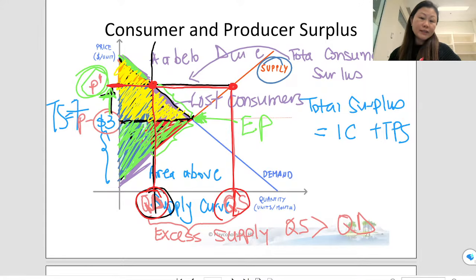Now, we know that quantity supplied here is greater than quantity demanded, and that we have excess supply.